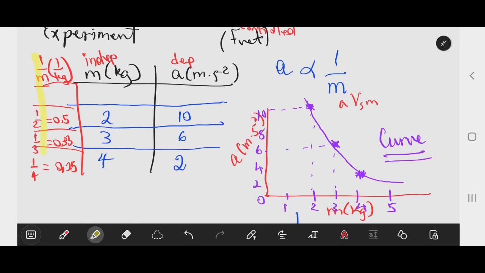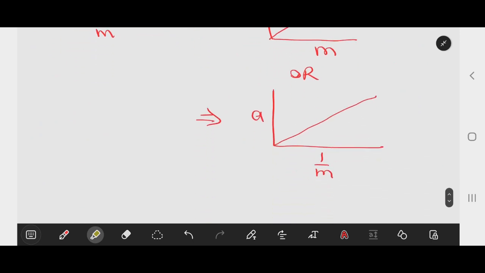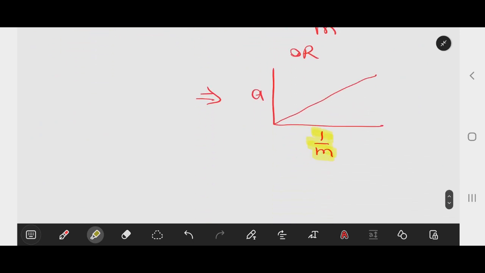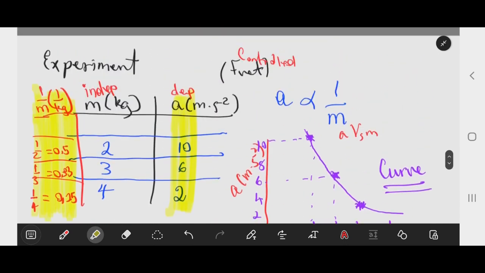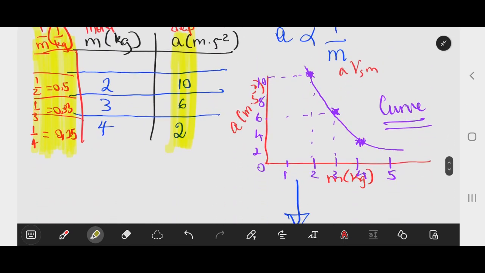So now we have our mass as an inverse. So if we plot this inverse of the mass versus acceleration, then now we can obtain a straight line, which is this graph over here. The mass is an inverse, okay? Or we can have an inverse of the acceleration, okay? Then that would be 1 over meters per second squared.